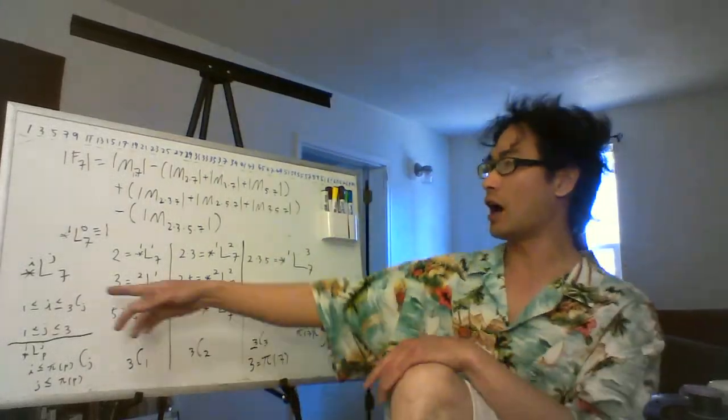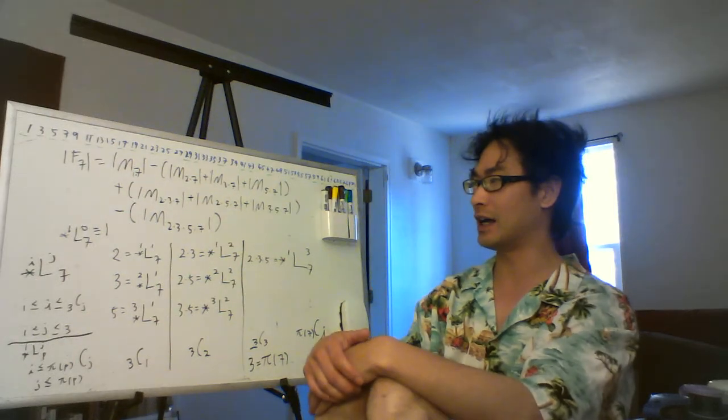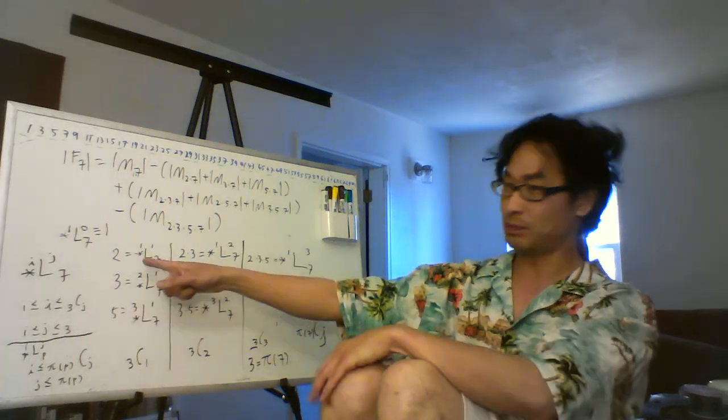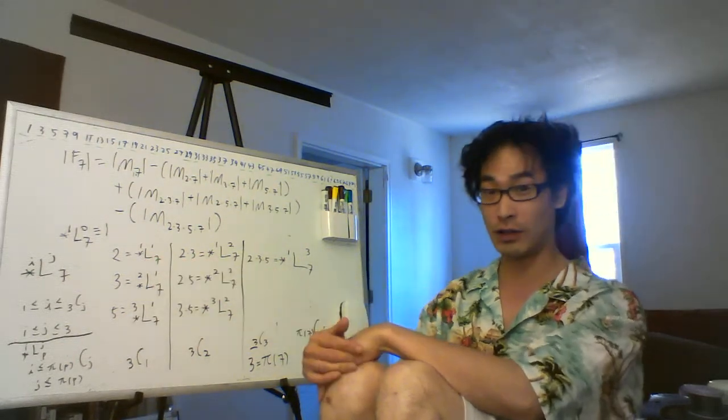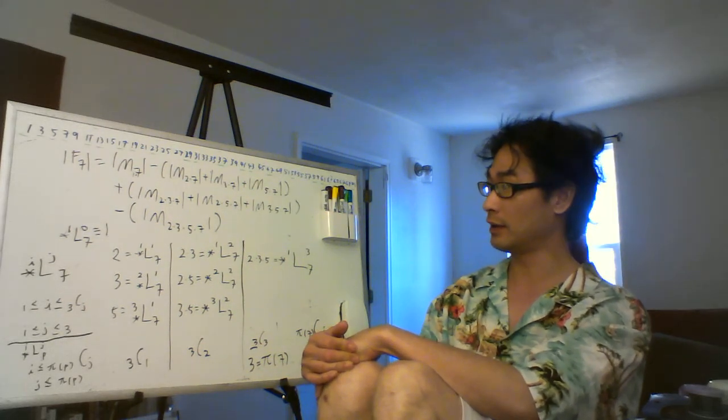So this star L means product of lesser primes.